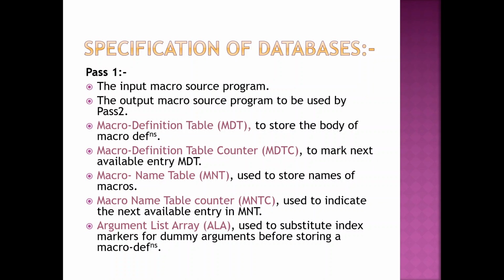One step is pass 1. Half of the work is done in pass 1, the other half is done in pass 2. First it will find the macro names and store them in the macro name table, find the definitions and store them in the macro definition table. All the arguments will be taken and stored in the argument list array. This part is done during pass 1.